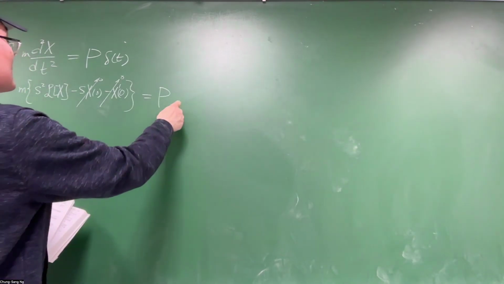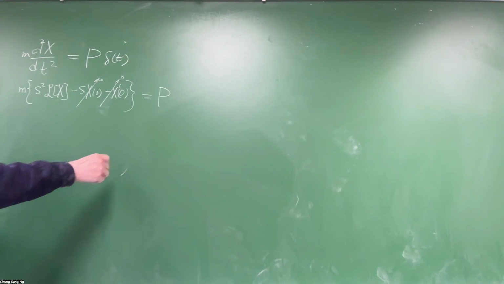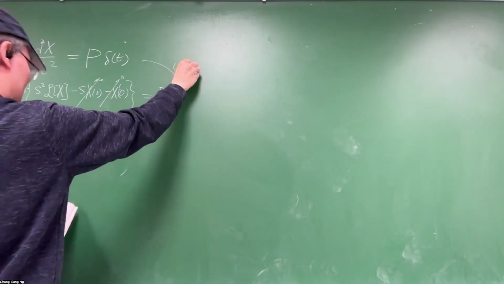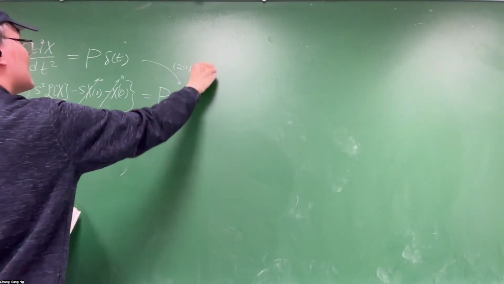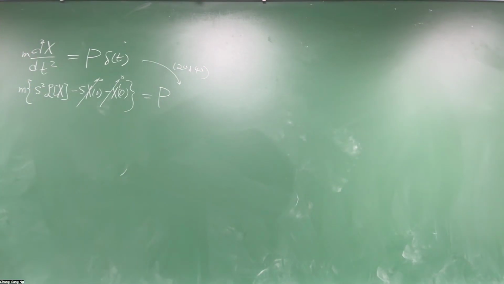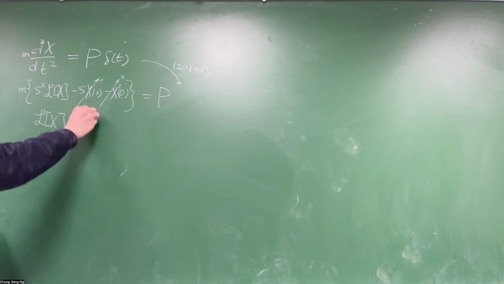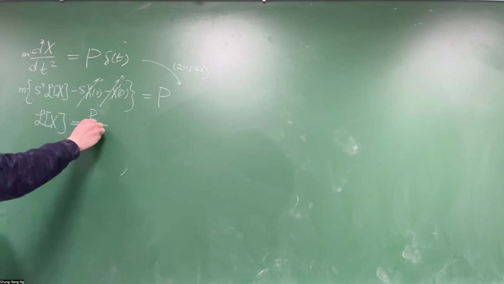The Laplace transform of the delta function, according to your textbook, is just one. Okay, so it means the Laplace transform of x is just p over m s squared.